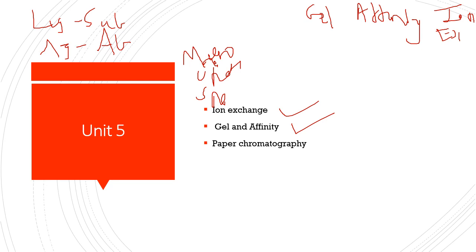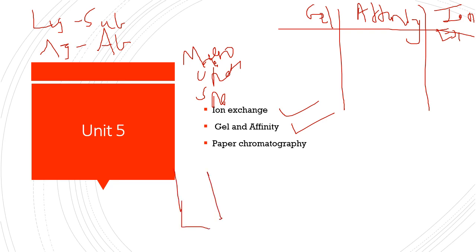For gel chromatography, ion exchange and affinity, you have to study the principle of all three. In gel chromatography, the larger molecules will elute out quickly, while the smaller molecules will interact with the pores and take more time. Here you have to study two terms, total permeation volume and exclusion volume.